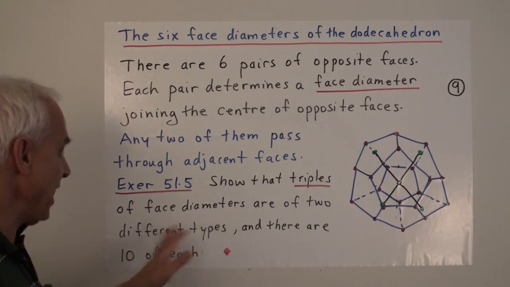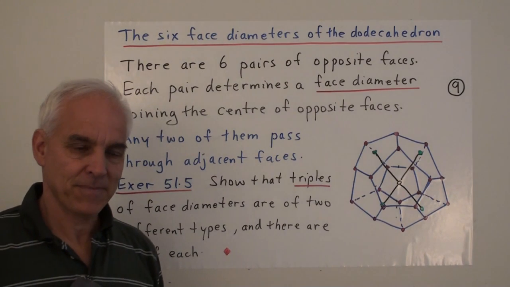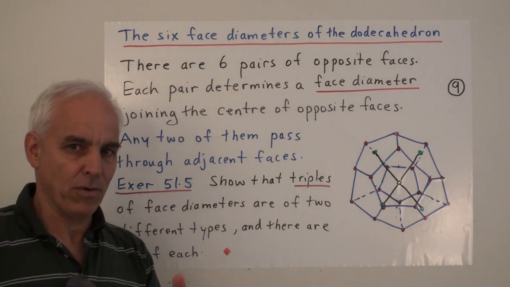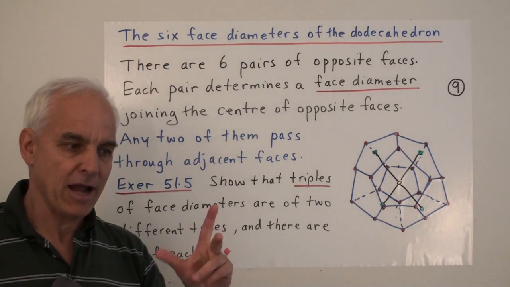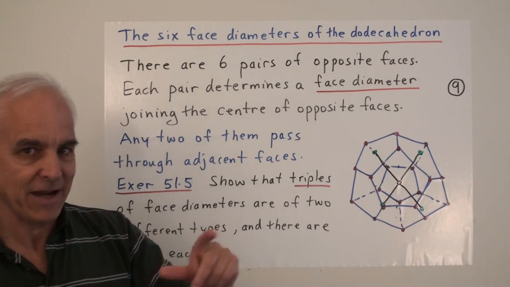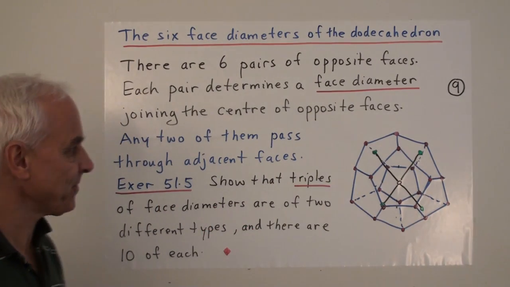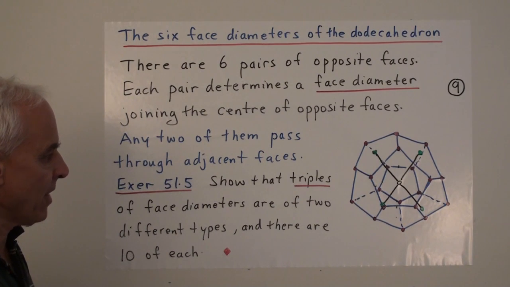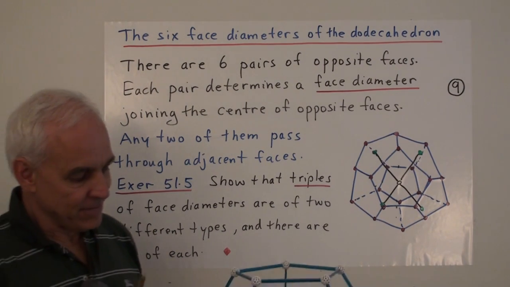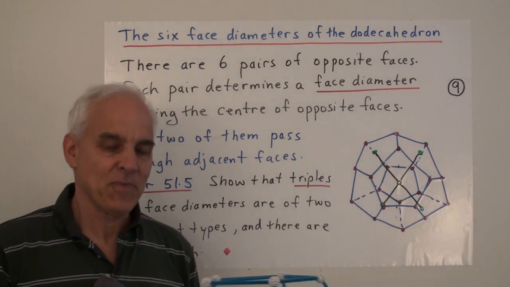And then there are 10 of each type. So we get another kind of 10-fold symmetry from the kinds of triples of face diameters that we can create. So those are some interesting internal symmetries.